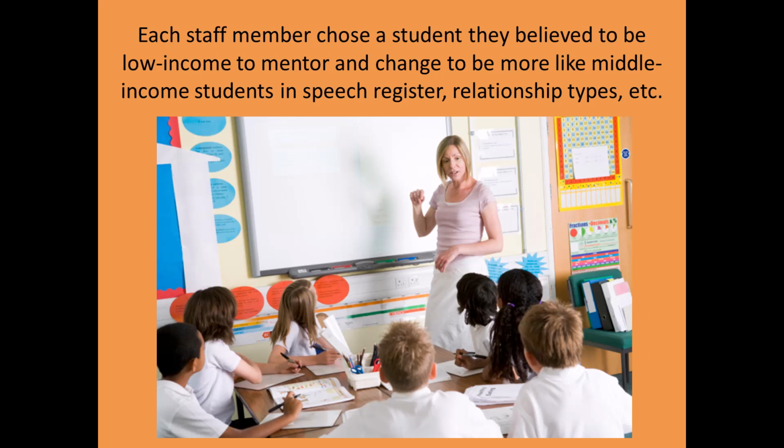So their school improvement plan entailed that every staff member secretly chose a student who they believed to be low income. They were no longer allowed to use the free lunch list for academic interventions, so they had to find other ways to identify who they thought was poor, secretly mentor the child, and try to change them in one of the ways that Ruby Payne says middle-income and low-income students differ.